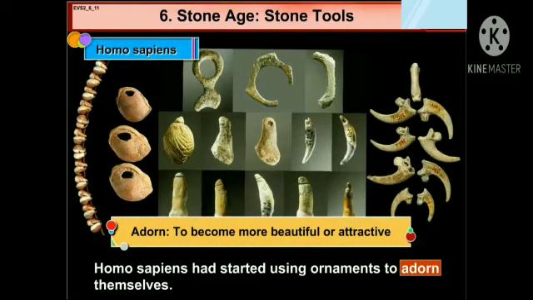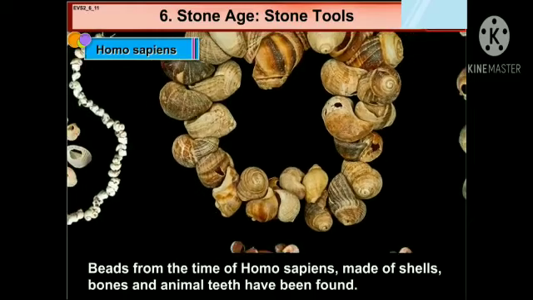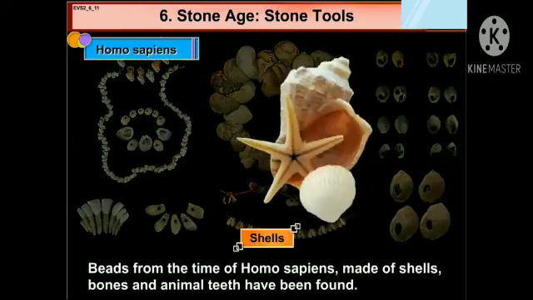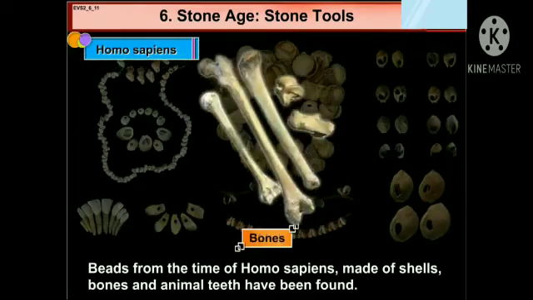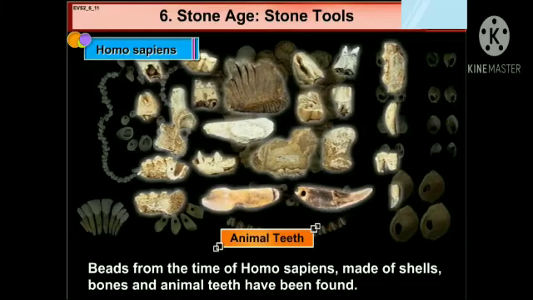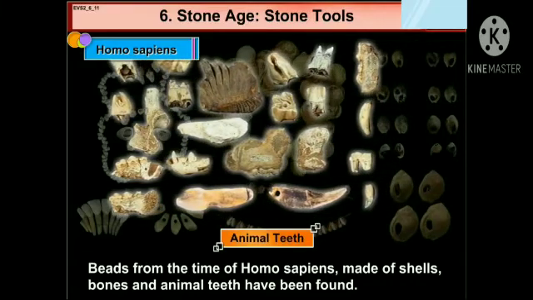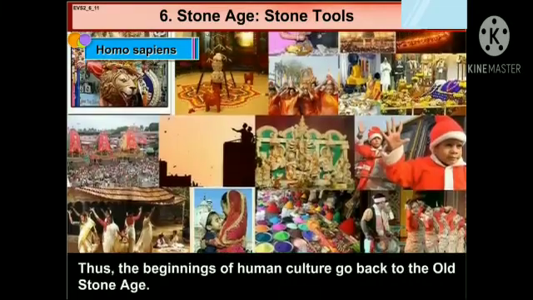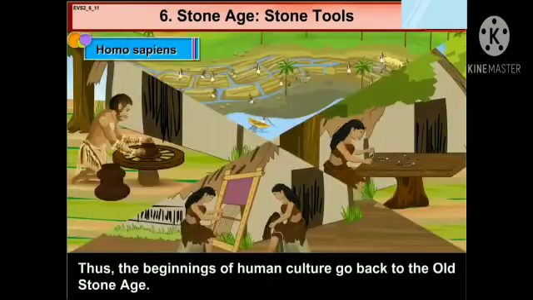Adorn means to become more beautiful or attractive. Beads from the time of Homo sapiens made of shells, bones, and animal teeth have been found. Thus, the beginning of human culture goes back to the Old Stone Age.